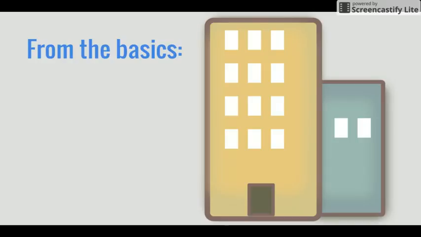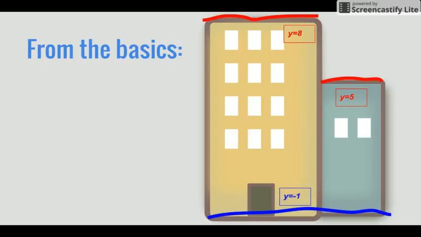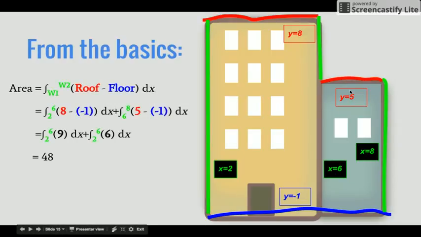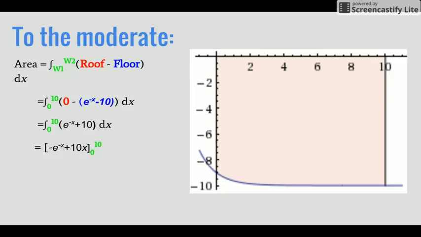From a very basic integral, we can see that horizontal lines correspond to the roofs of the buildings. Another horizontal line corresponds to the base of the buildings, and that each building has its own specific set of walls. And this allows you to find the area between the curve and the graph and the axis.